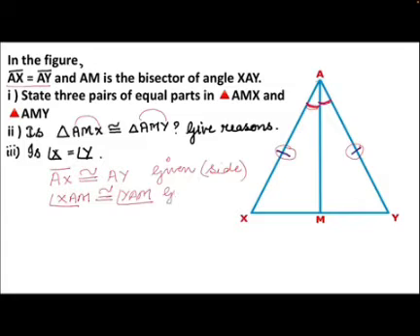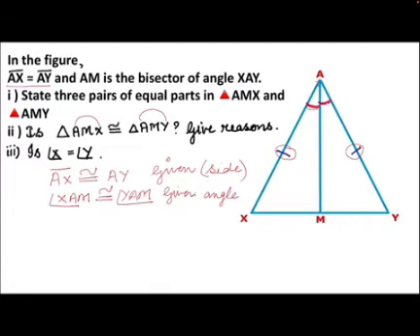This is again given. How do we know? It's given that the line AM, this is the line AM, children, it's bisecting this angle. This angle A is now bisected into two parts. Bisected means equal. So we have proved that angles are equal.